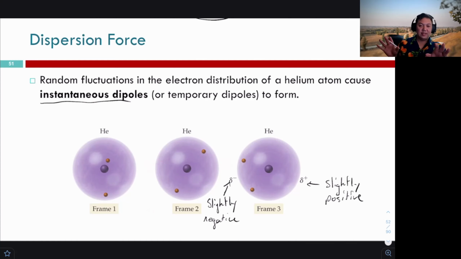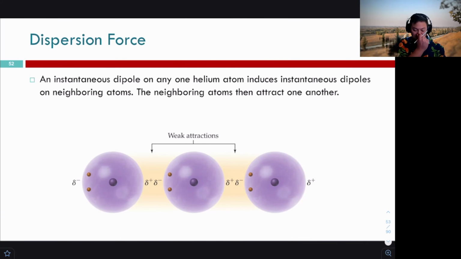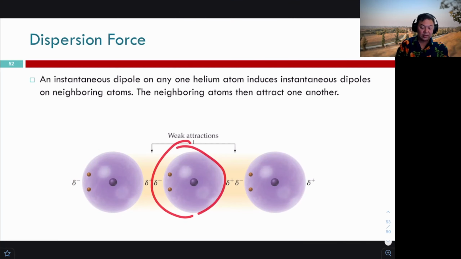So all of these atoms bumping together are causing the electrons in the other atoms to shift around randomly, for very momentary dipoles, or instantaneous dipoles. So one instantaneous dipole could induce an instantaneous dipole in another atom, which would induce it in another atom, and so on and so forth.